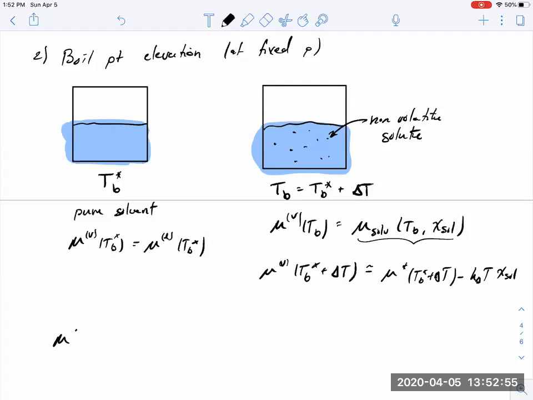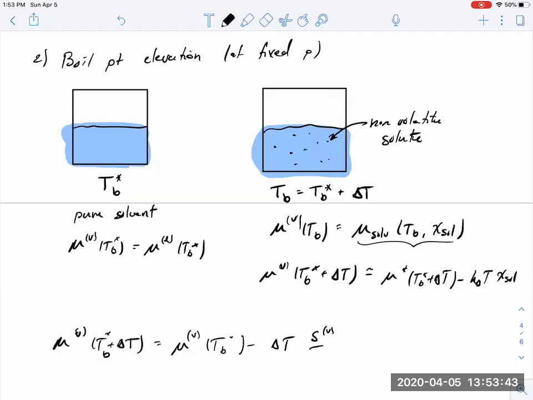Now changes in chemical potential of either phase with small changes in temperature are given to first order by what they would have been in the absence of any temperature change, minus the magnitude of that temperature change times the entropy of that phase per particle.